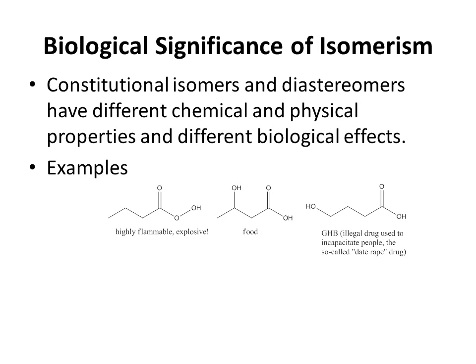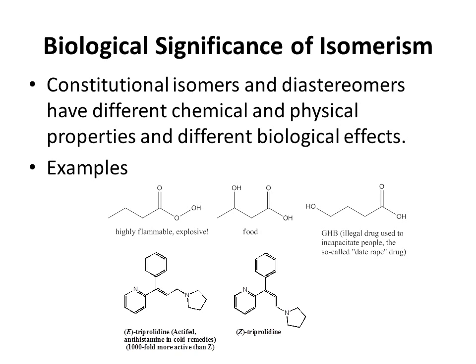Now, if you look at the bottom two cases, we have E-triprolidine, which is commonly known as Actifed. It's an antihistamine in cold remedies, and it is 1,000 times more effective than Z-triprolidine. Now, what distinguishes these two? If you look very carefully, the connectivities are the same in both the E and Z isomers, but the distances between the atoms are different.